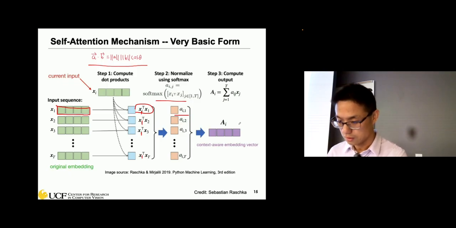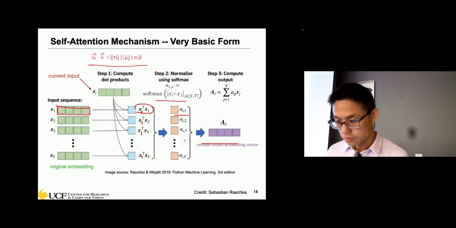So you get an attention-weighted output. This vector takes into account all of these input sequences, because we are weighting them, and all these input vectors have been considered. So it has some sort of context awareness, okay?